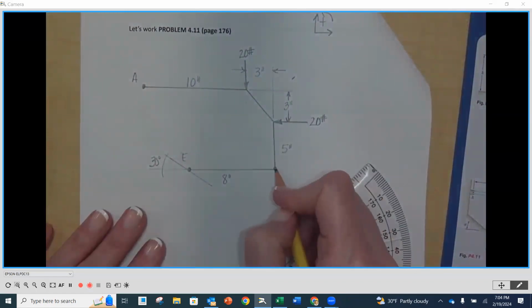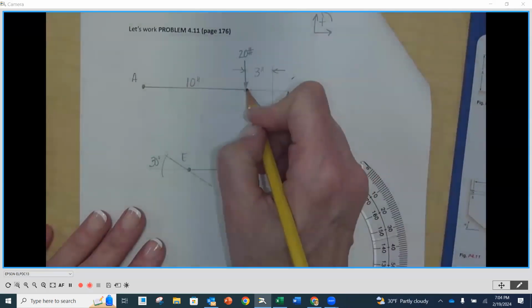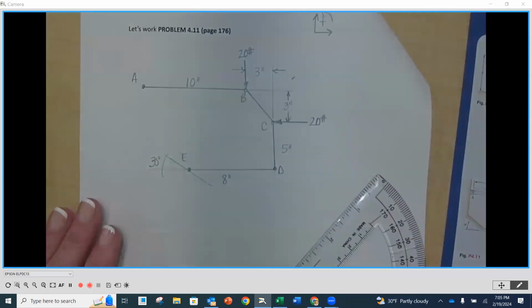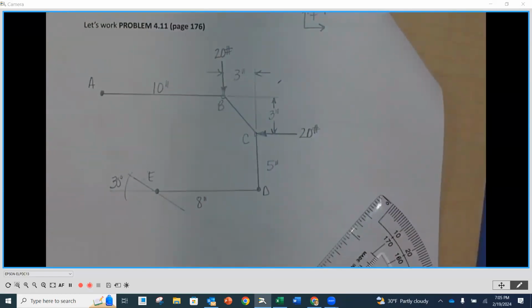This is D. So I have all my applied loads in and my distances, and I have points for my reactions at my supports. So I'm going to add those in just a bit.